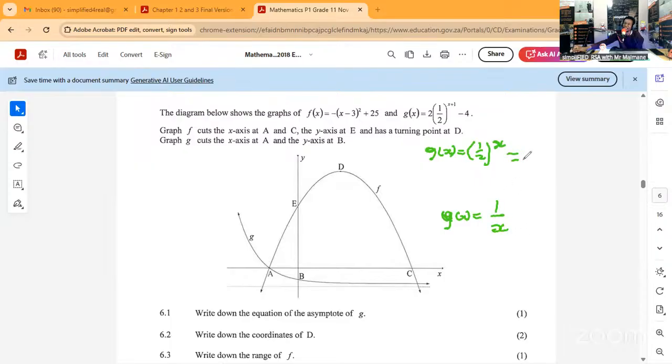So this one has some a to the exponent x. What type of function is that? Given that being wrong is not an issue.